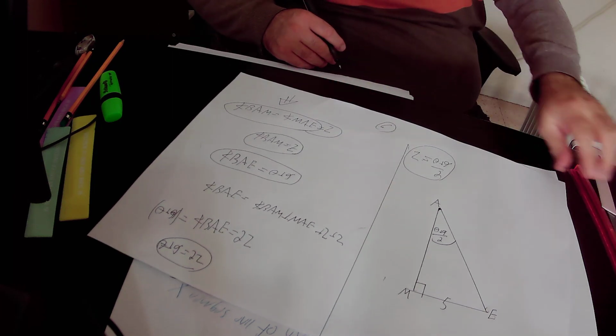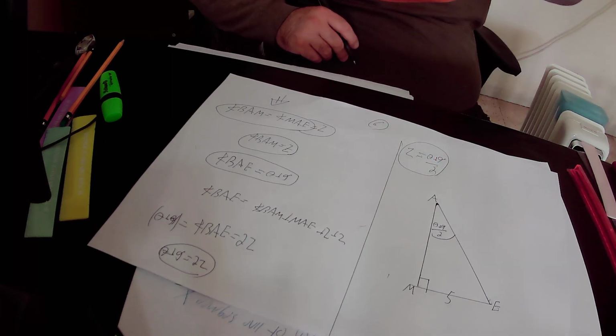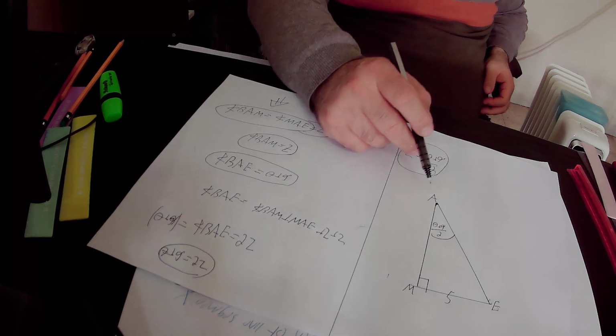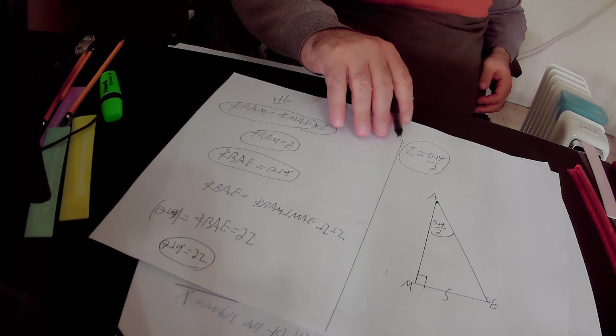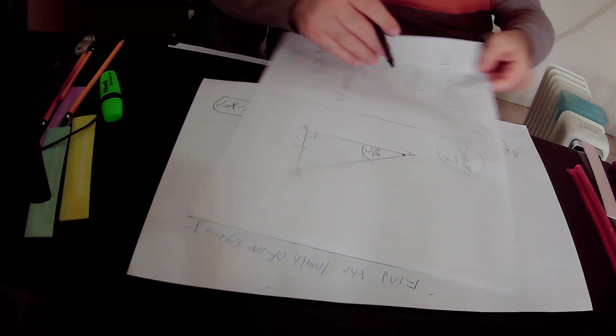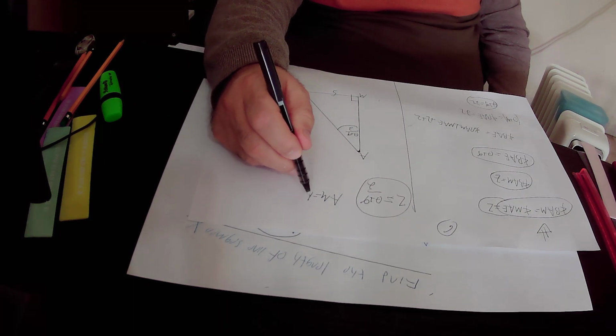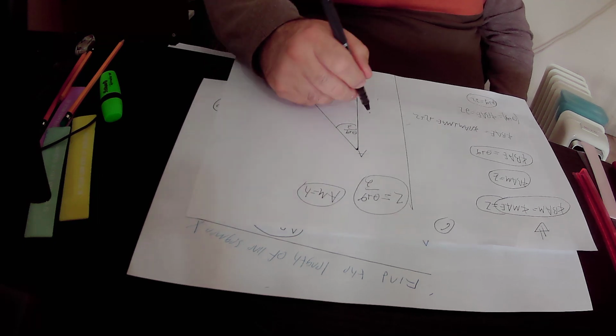So this is the right triangle AME. We will define side AM of triangle AME as H. Here AM equals H according to our definition.